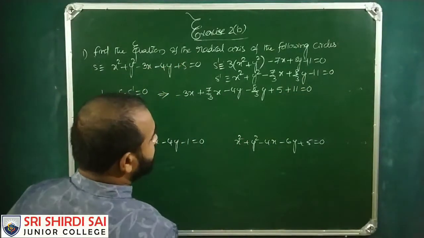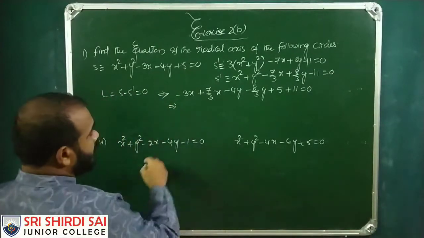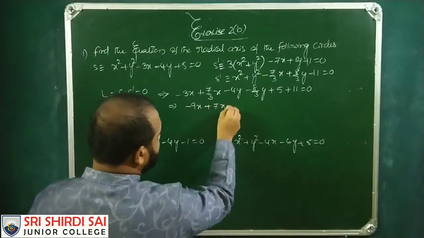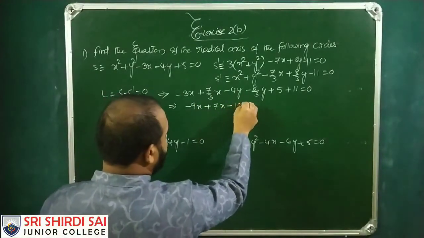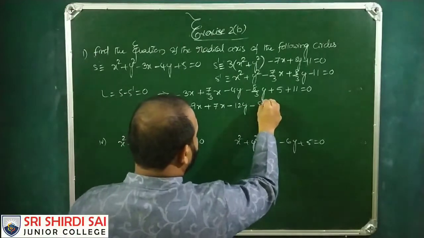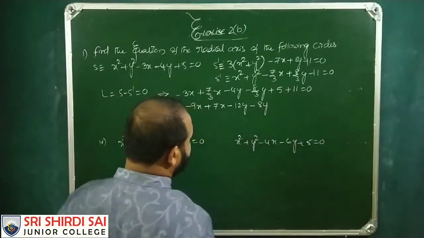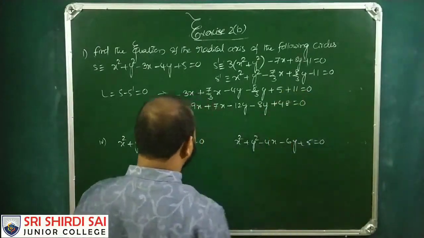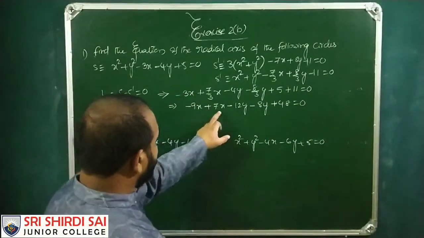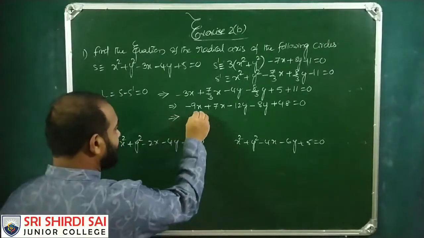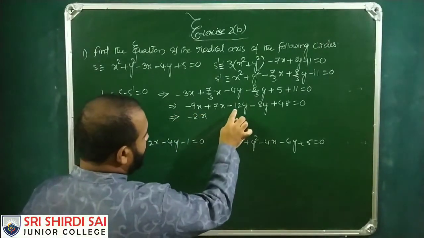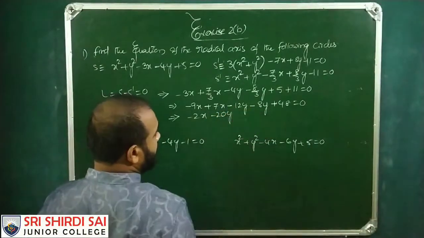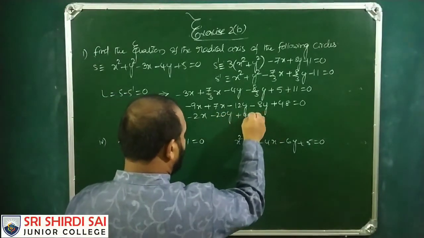This implies, multiplying by 3, 3 3s are 9, minus 9x plus 7x, 3 4s are 12y minus 8y, 5 plus 11, 16, 3 16s are 48, equals 0. Minus 9x plus 7x is minus 2x, minus 12y minus 8y is minus 20y, plus 48 equals 0.